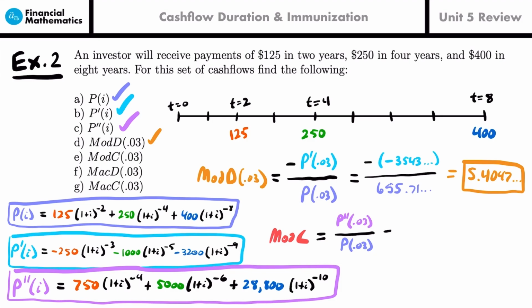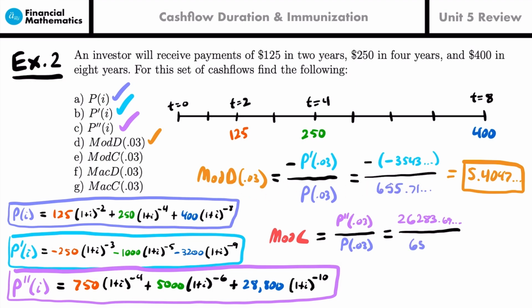If you plug 0.03 into this second derivative, you should get about 26,283.69 and some more decimals, and that will be divided by the original price function or present value function evaluated at 0.03, so this one right here. It'll be the same thing that we got over here for the denominator of the modified duration calculation, so I'll just write that in again.